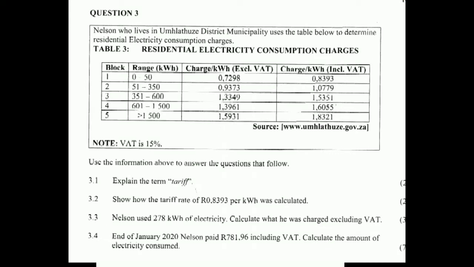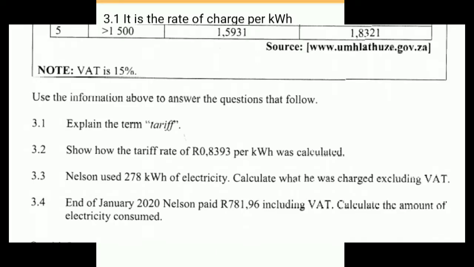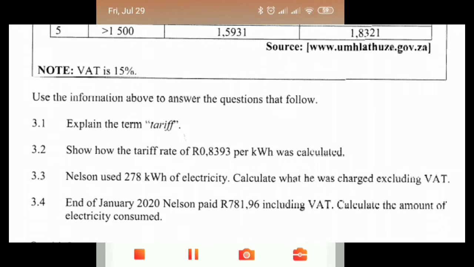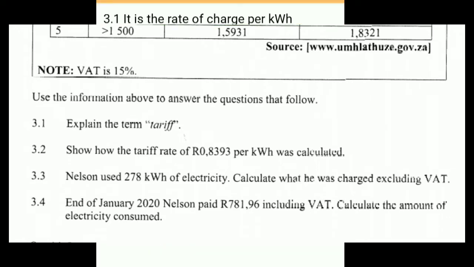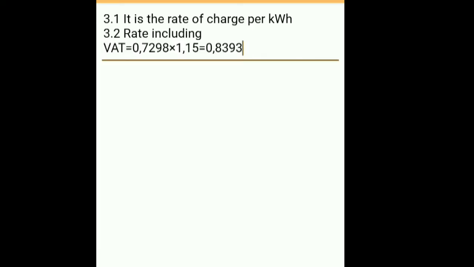In 3.2, the question says, show how the tariff rate of 0.8393 per kilowatt was calculated. So this is how we calculate the tariff rate of 0.8393 per kilowatt.